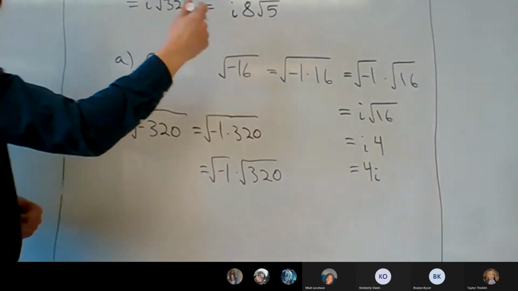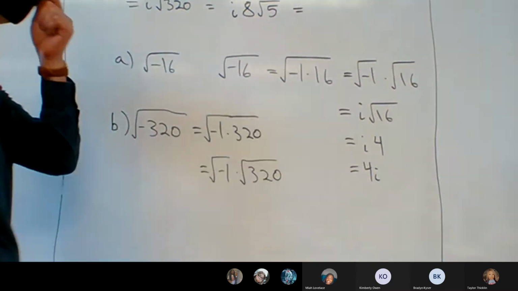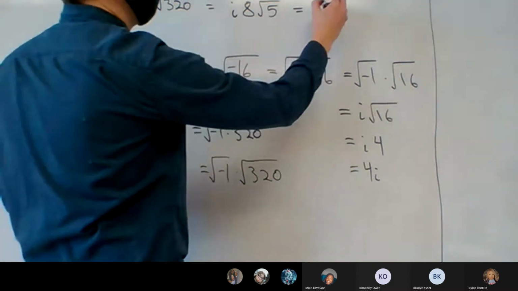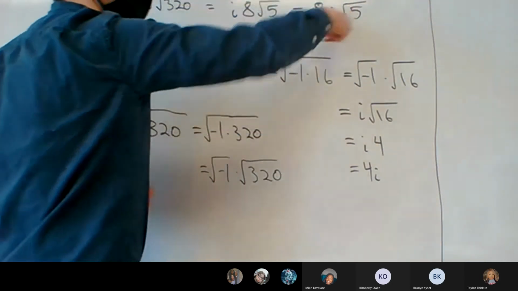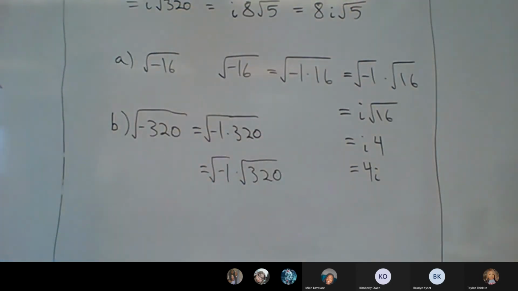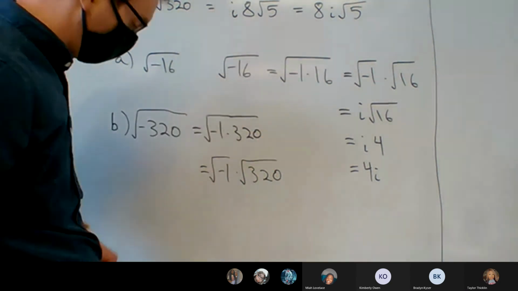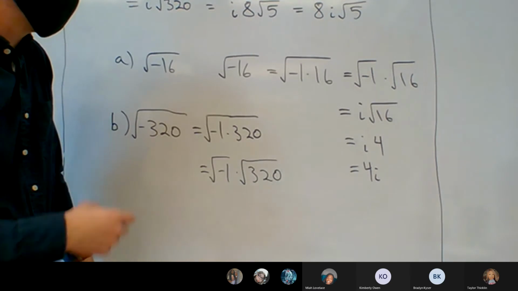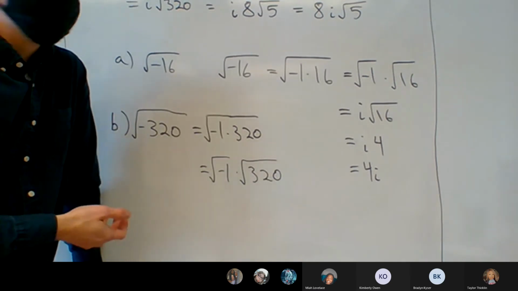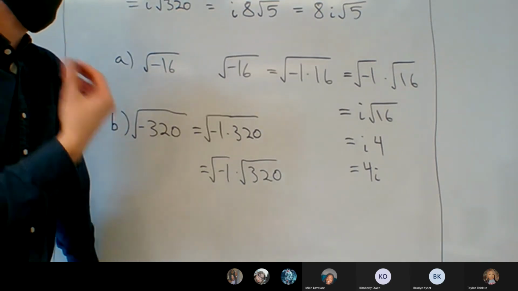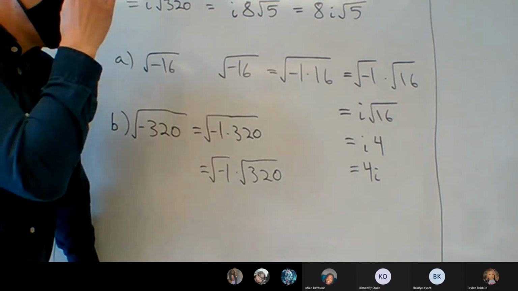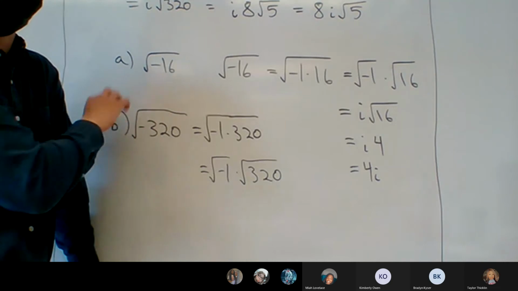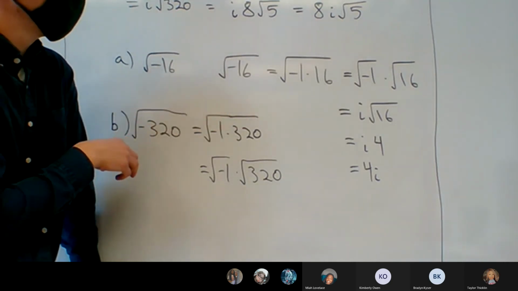So how do I clean this up? Obeying the traditional notation, I would say 8i square root of 5, putting the whole number on the left and the square root part on the right. This is going to be super important when we look at cleaning up the quadratic formula when the discriminant is negative, because the discriminant being negative means that we're going to have negatives under the square root in the quadratic formula.